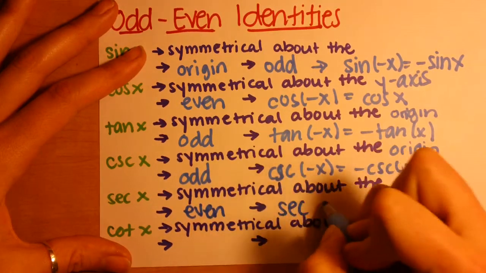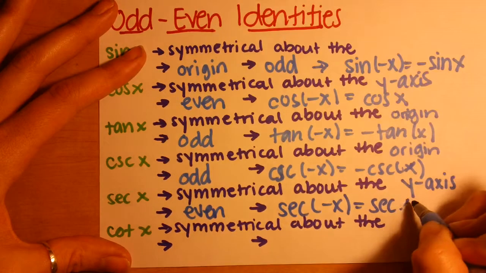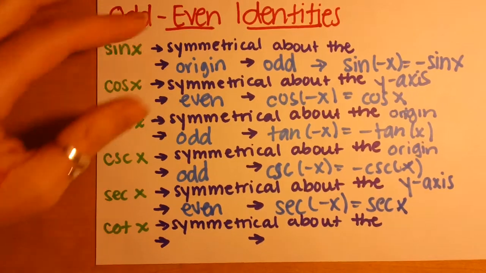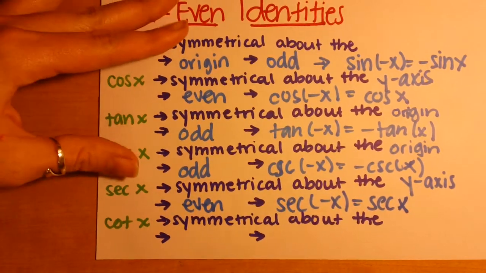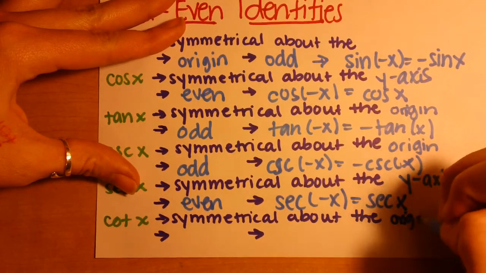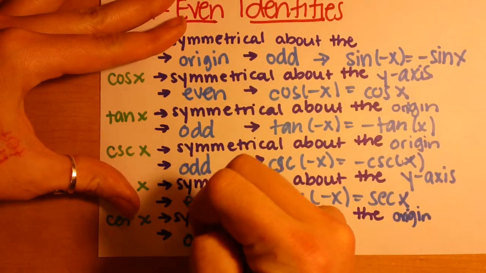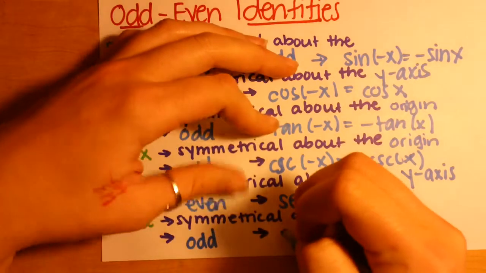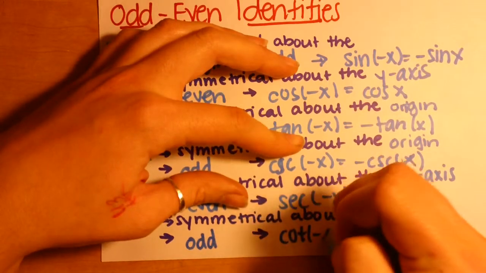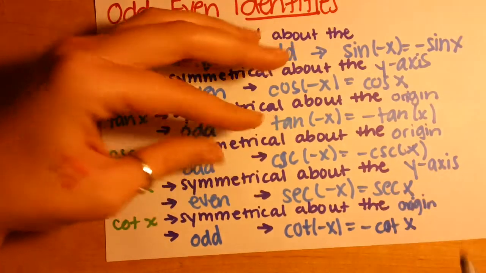So the secant of negative x equals the secant of x. And then for cotangent, cotangent is symmetrical about the origin, so it is odd. And that means cotangent of negative x equals negative cotangent of x.